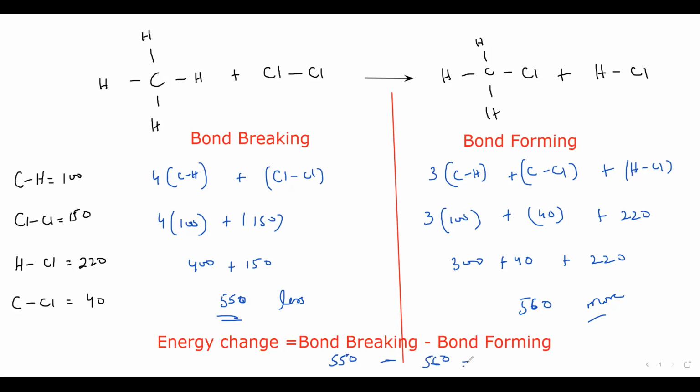When we subtract, we get a negative answer. Whenever we get a negative answer for energy change, it means the reaction is exothermic. Is this example clear? How we can work out the energy change during a chemical reaction? Simply by using the formula, bond breaking minus bond forming.